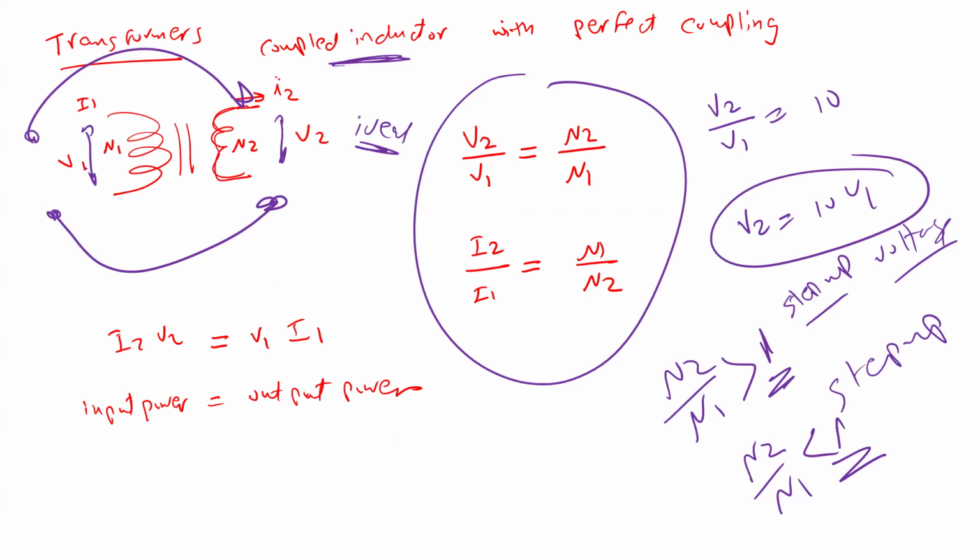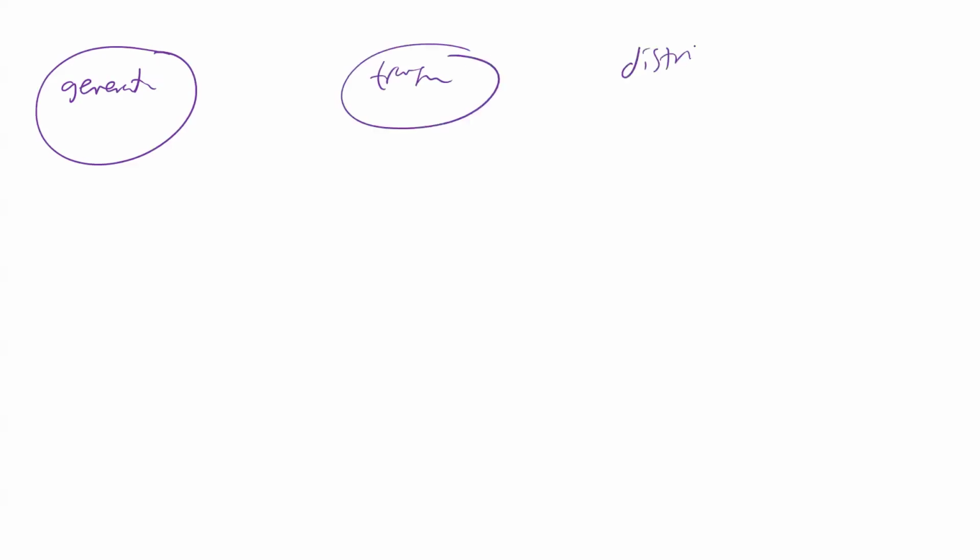What happens is that at the generation side we have generation of the voltage, then we have transmission, and then distribution. At the distribution side, we use 100 volts, or 120. At the generation, for example, just any numbers, you can have something like 25 kV.